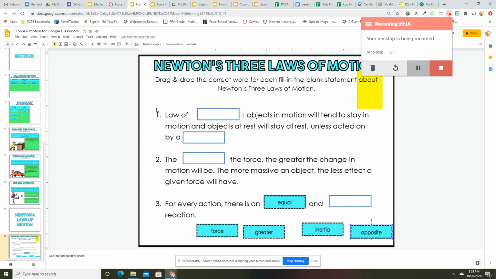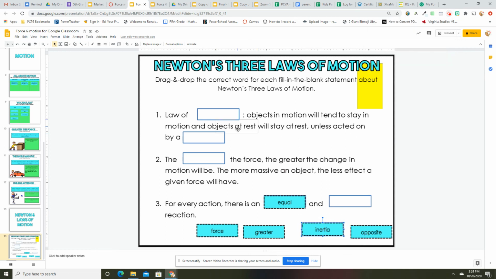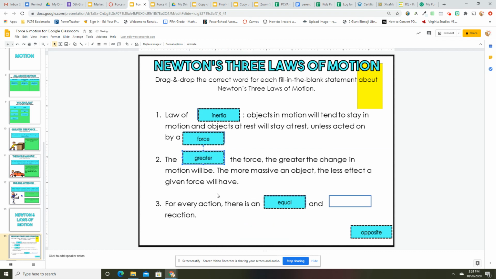Okay, so let's look at number 1. Law of inertia. It could be law of motion as well, but law of inertia. That objects in motion will tend to stay in motion, and objects at rest will stay at rest unless acted on by a force. The greater the force, the greater the change in motion will be.